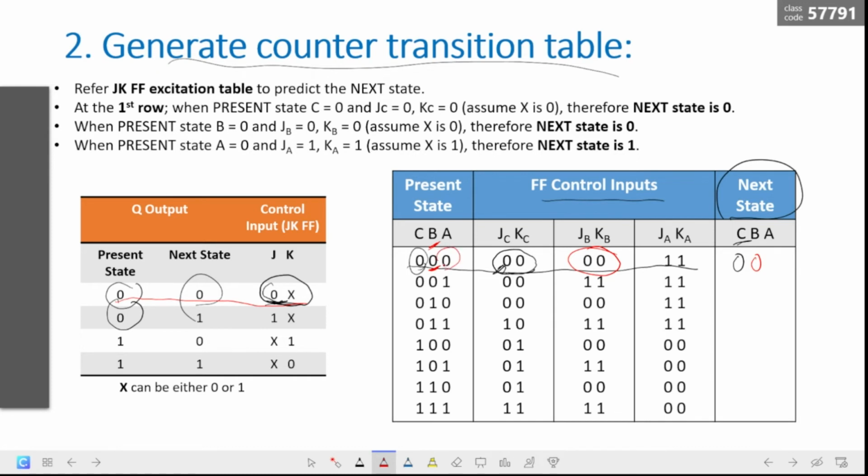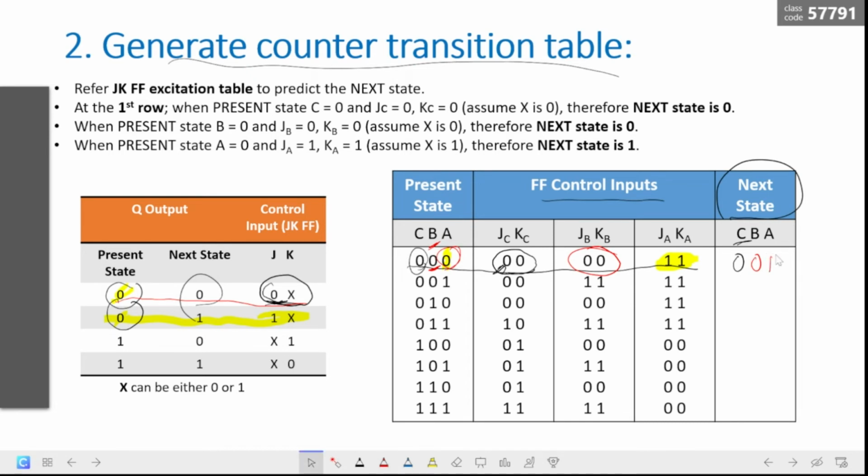And finally, for flip-flop A, the present state is 0 again, either this one or the second row. The control input in this case is 1, 1. So J is 1, so we use this row, and therefore we put the next state as 1.